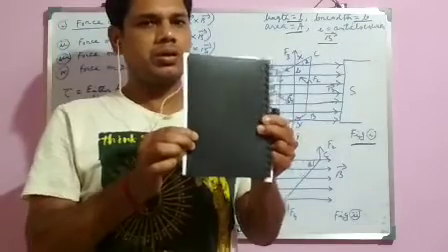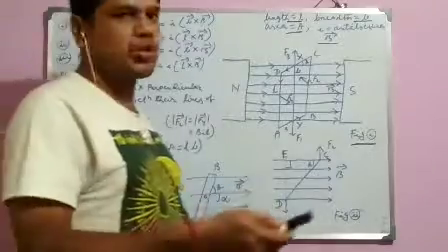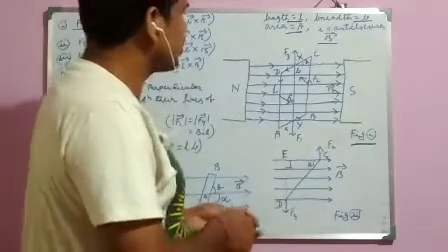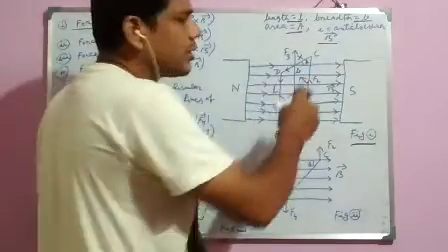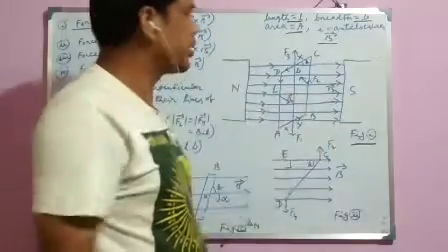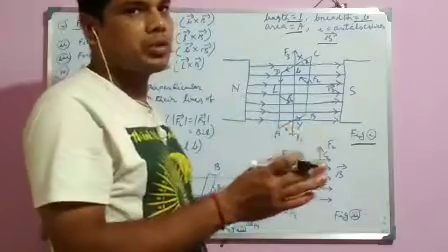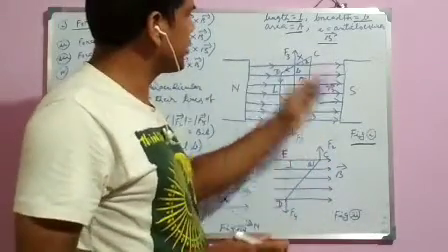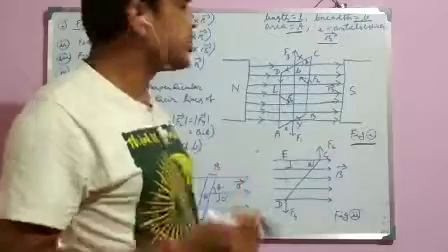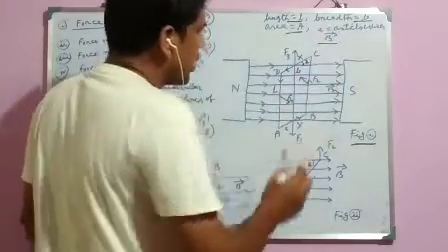Due to torque, at any instant of time this rectangular current carrying loop makes an angle theta with the direction of the magnetic field. It means the angle between the plane of the loop and the direction of the magnetic field is theta, and it is denoted here.